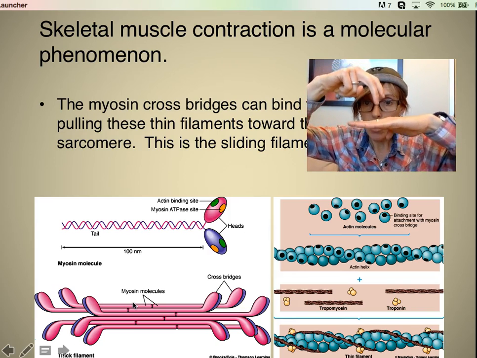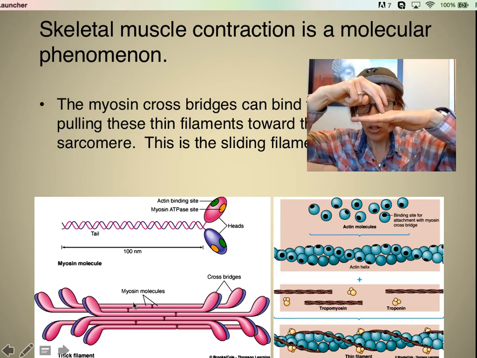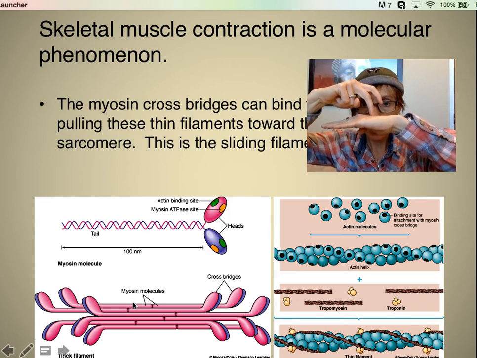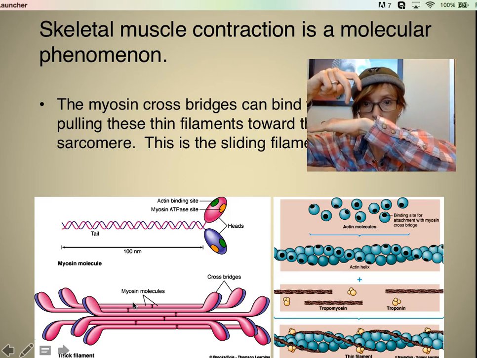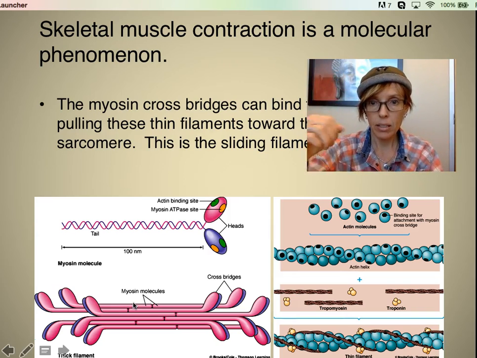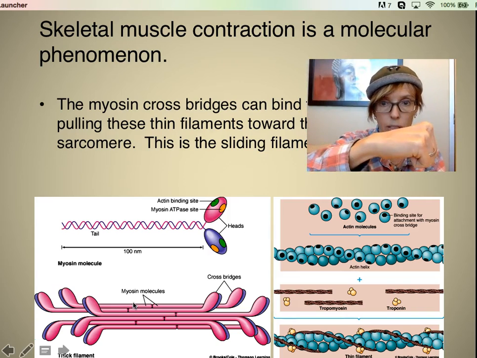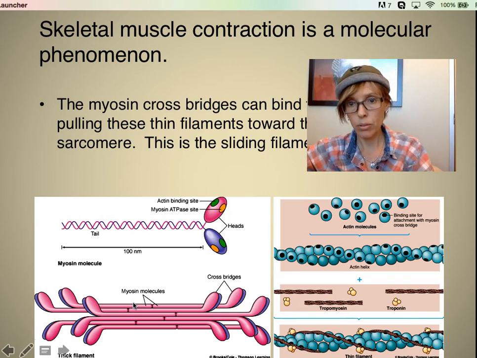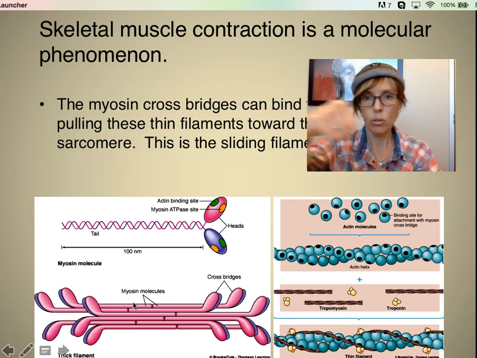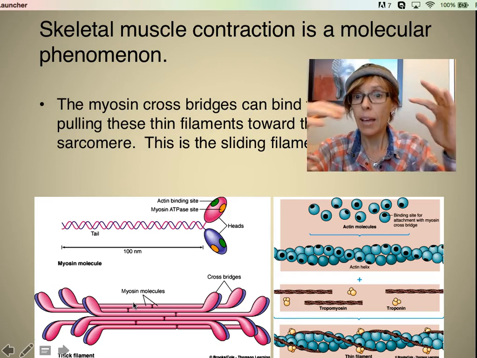What we're going to talk about is under what conditions that myosin head is going to be able to attach, move, detach, move forward, attach, move, detach, go back. Does that make sense? So you're going to constantly have that attach, move, detach, get back to where it started, attach, move, detach, go back, attach. So it's very mechanical like that, right? That's what's going to happen over and over again.